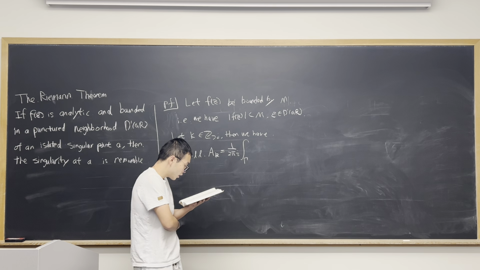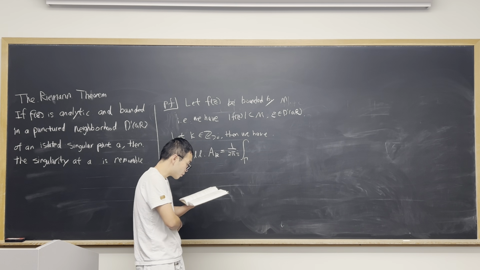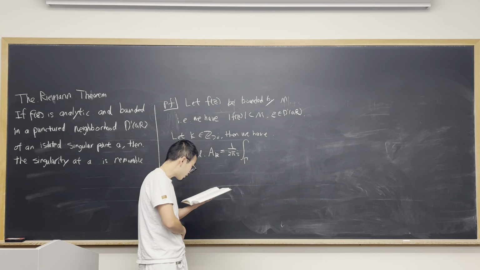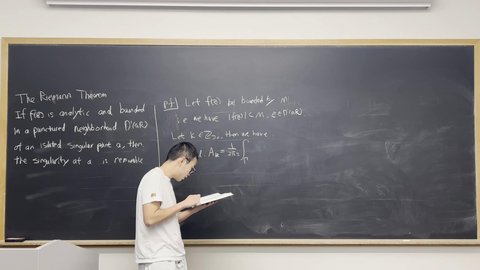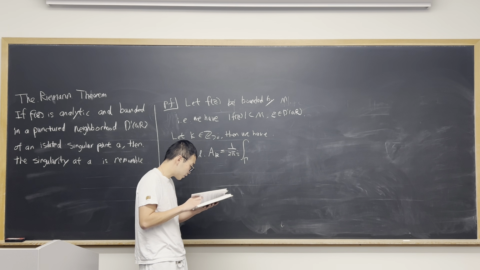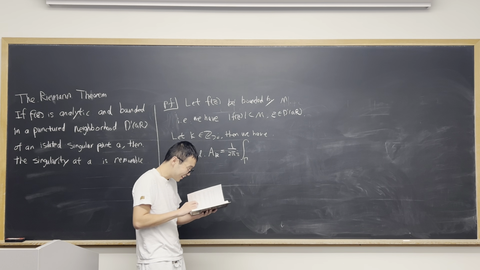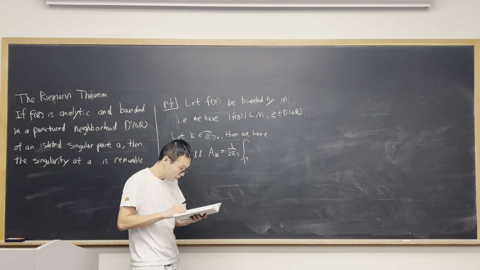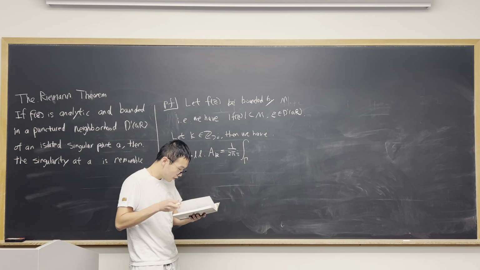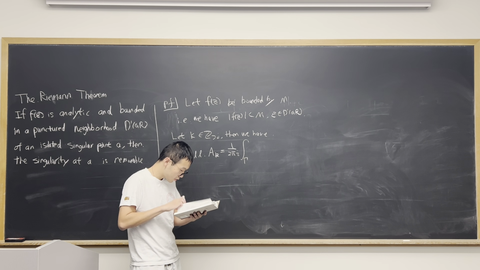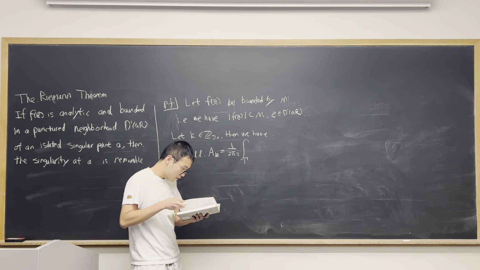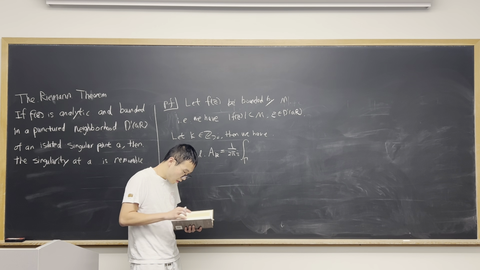So this gamma is an arbitrary simple closed, positively oriented curve with finite length, which is rectifiable.